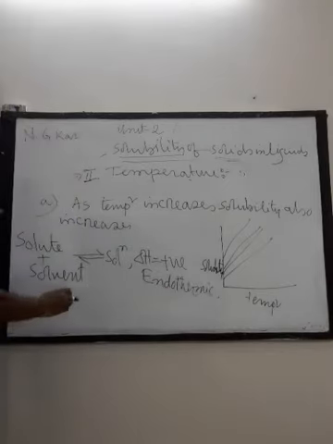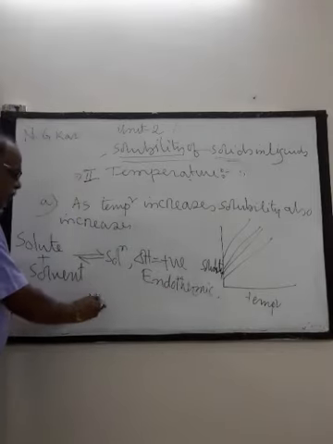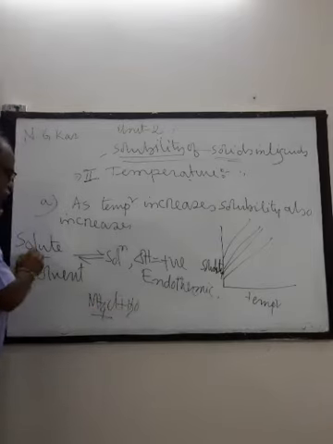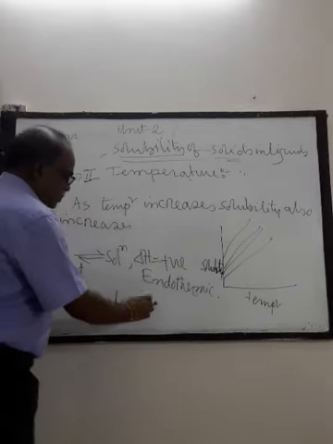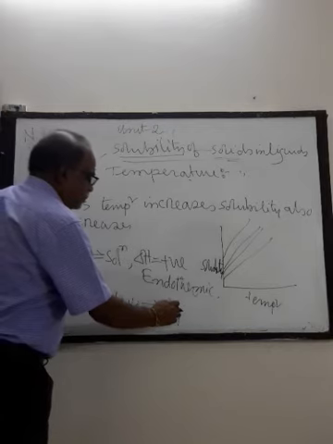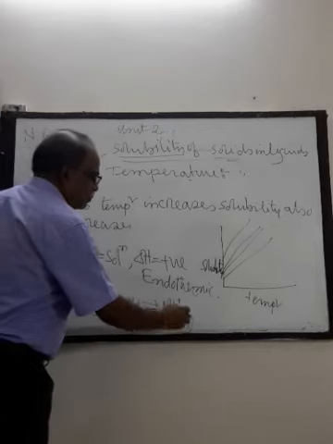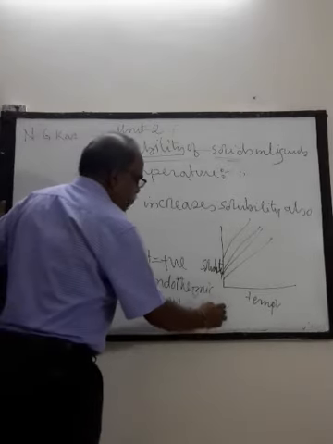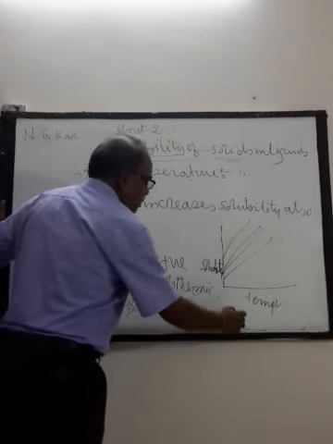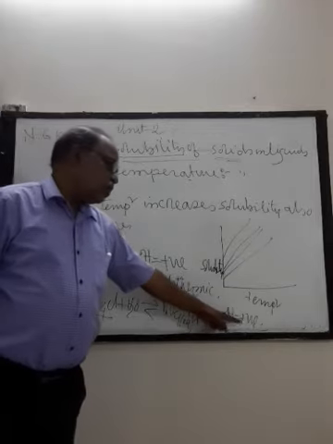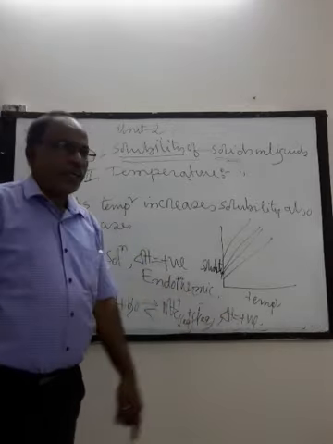For example, if we treat sodium chloride in water, sodium chloride is the solute, water is the solvent, then an aqueous solution of sodium chloride is formed. In this process the temperature drops, that is, there is a decrease in temperature or a cooling effect. So this is a cooling effect, that is, the process is endothermic.